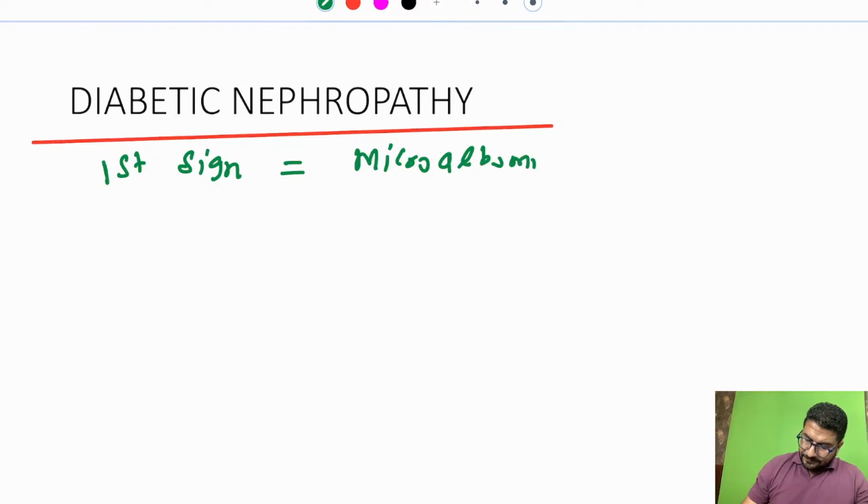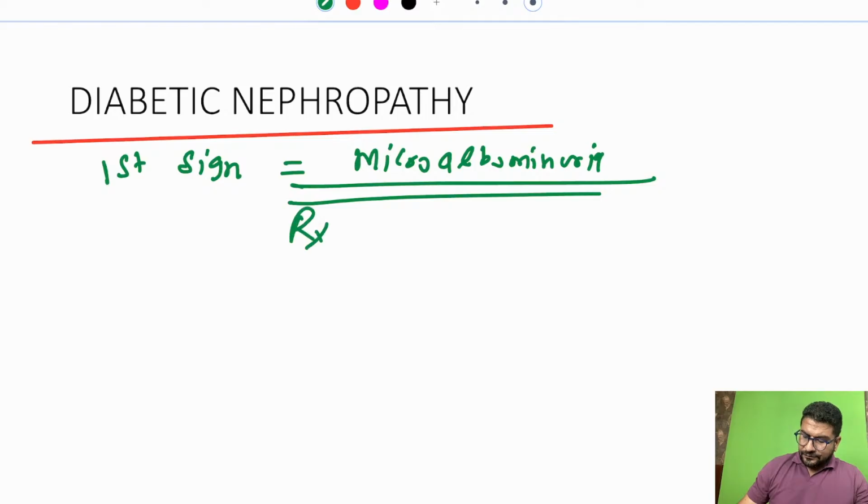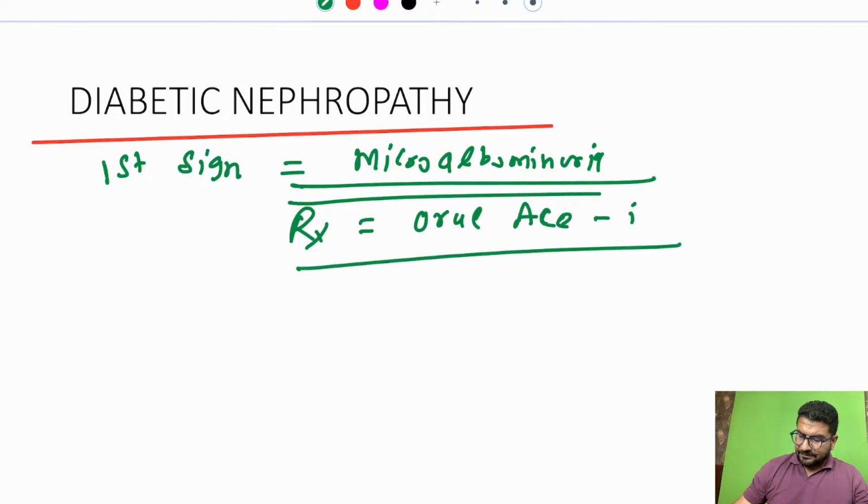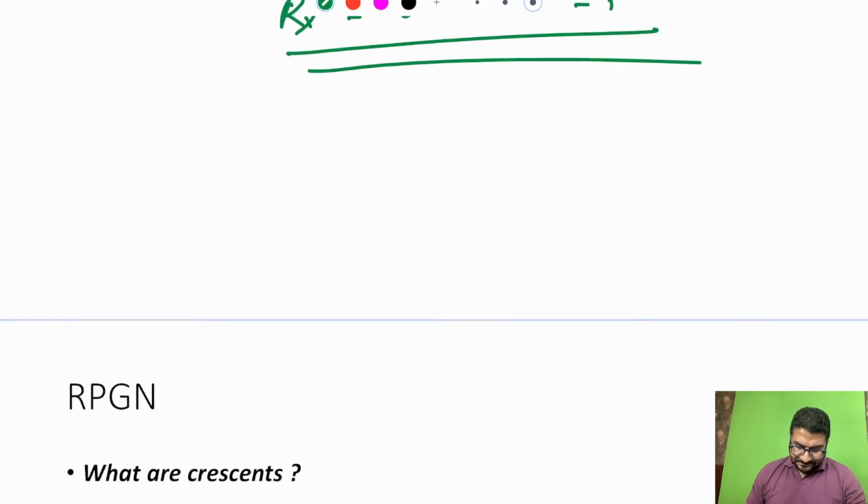And whenever we see this microalbuminuria, then what should we start? You should always start a low dose oral ACE inhibitor. So ACE inhibitors are the drugs which can prevent microalbuminuria. This is one of the first signs of diabetic nephropathy.